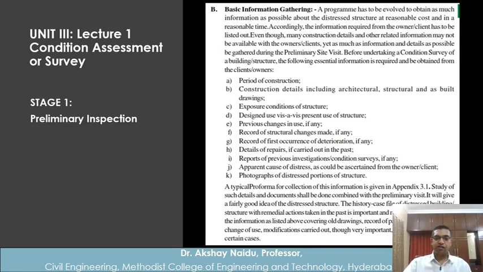Period of construction, construction details including architectural, structural and as-built drawings, then exposure conditions of the structure, designed use versus present use of the structure, previous changes in use if any, record of structural changes made if any, record of first occurrence of deterioration, details of repairs if carried out in the past, reports of previous investigations or condition surveys if any, apparent cause of distress as could be ascertained from the owner or client, photographs of distressed portions of structures.